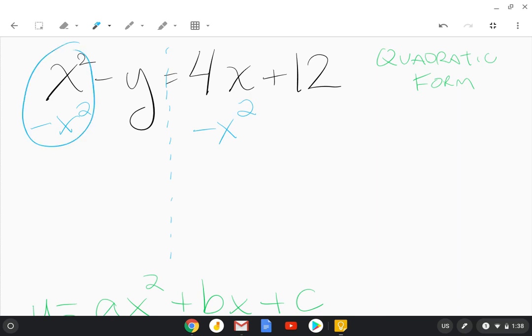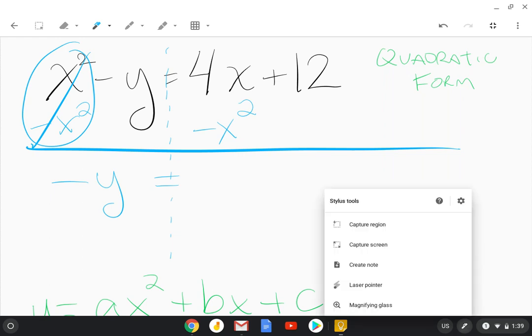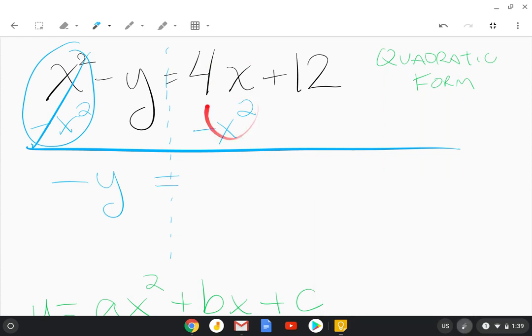So this is going to cancel out, leaving me with negative y on this side equals, and then there is going to be a temptation to want to try to combine the 4x and the x squared, but these are not compatible. They are not the same.